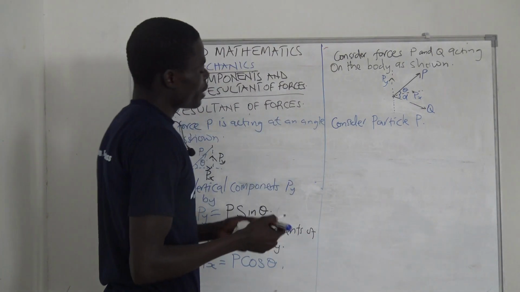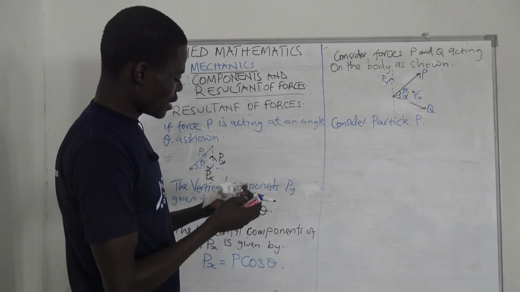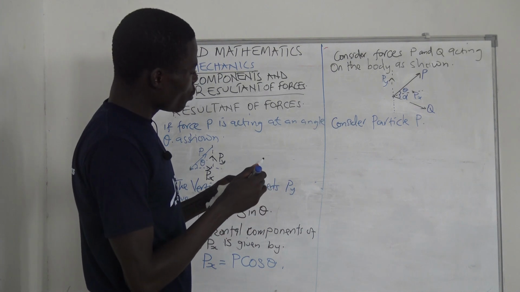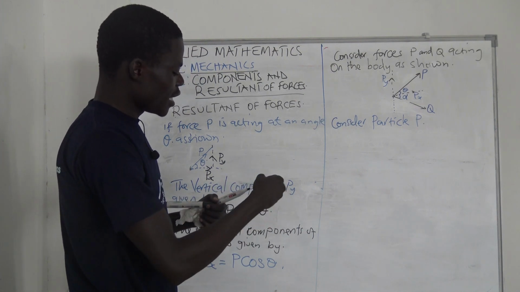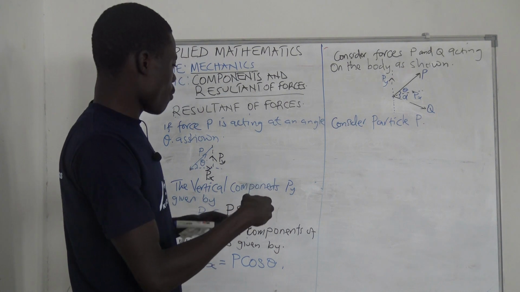So for particle P we have Py and Px. Py is the vertical component and Px is the horizontal component.